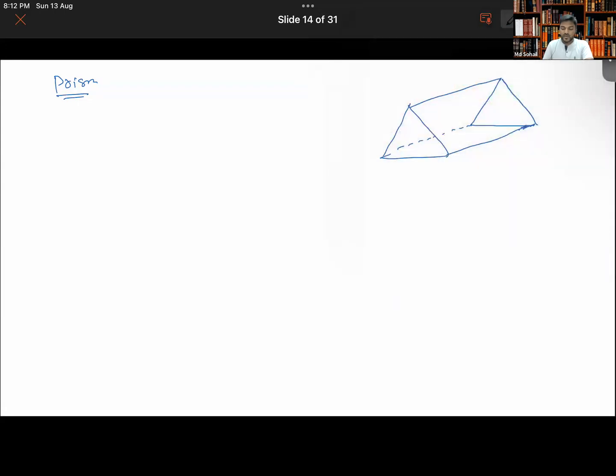How many lateral faces are here, Arhan? Lateral faces, excluding the top, front, and the back face here. There are 3 only, no? So if you were to find the lateral surface area.